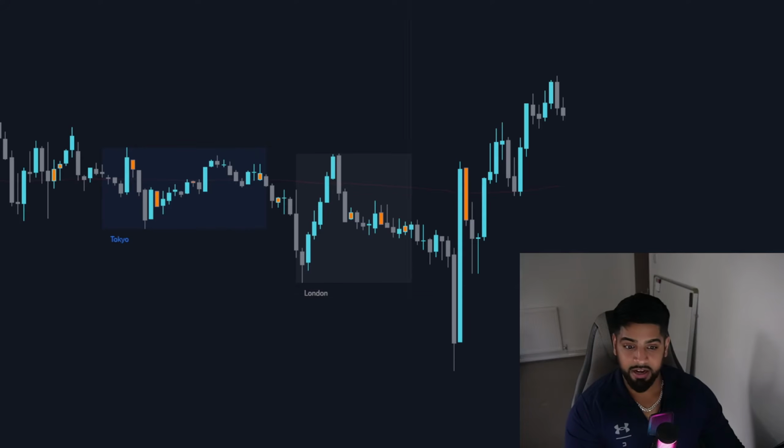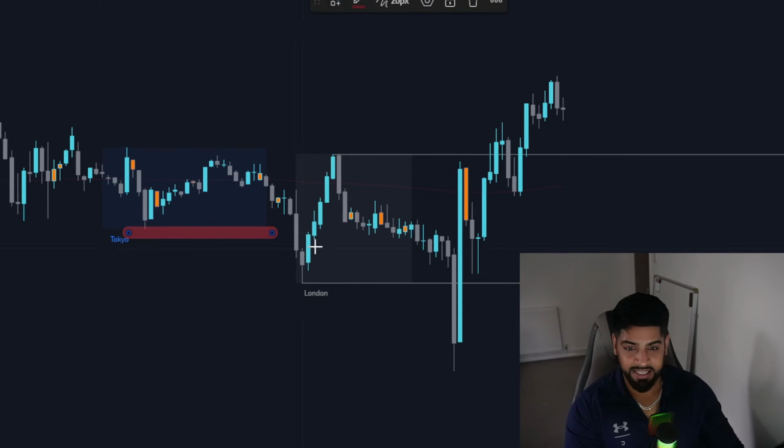These are already identified, and all we simply do is come onto our charts, take a horizontal ray, and we place it at the highs and the lows of all of these session points. So we've got our London high, London low, Asia low, Asian high. And we can see that the Asian low has already been taken during the London session.